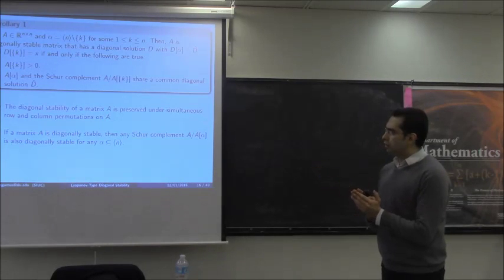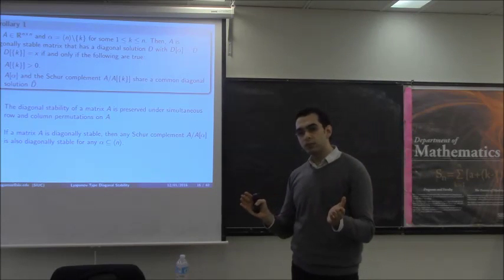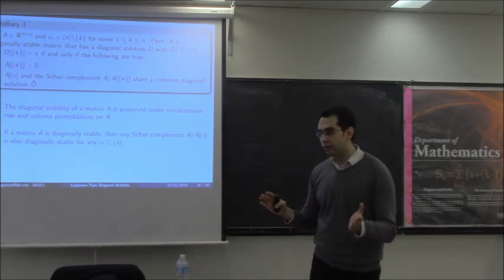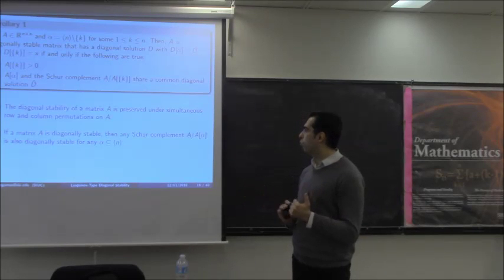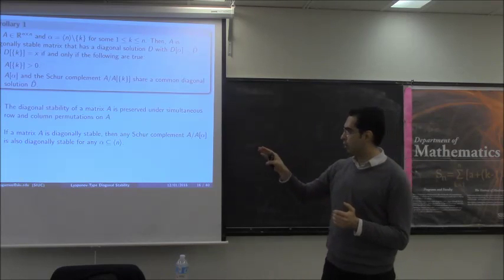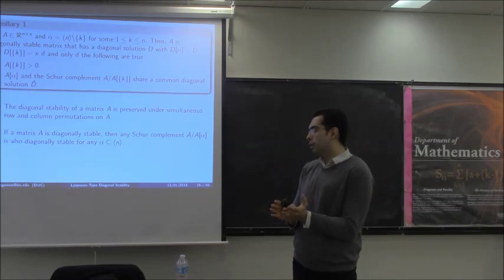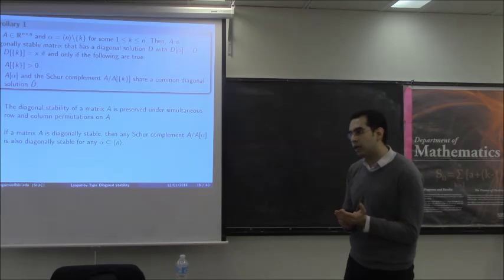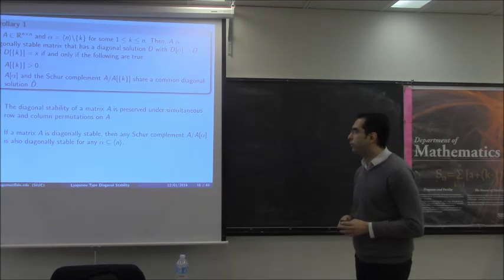One is that the diagonal stability of a matrix A is preserved under simultaneous row and column permutations on A. The other is that if a matrix A is diagonally stable, then any Schur complement A alpha in A is also diagonally stable.